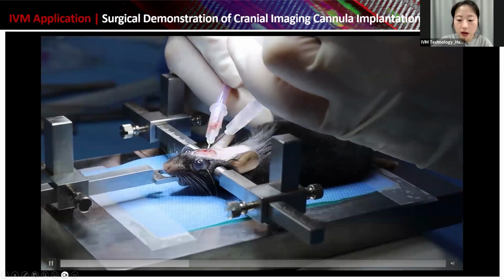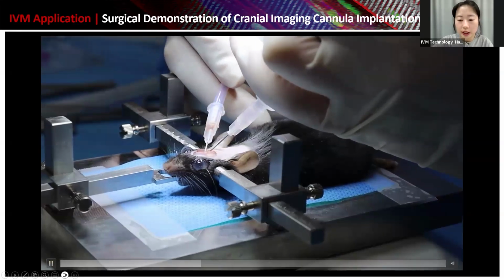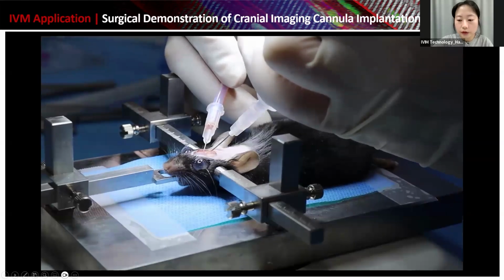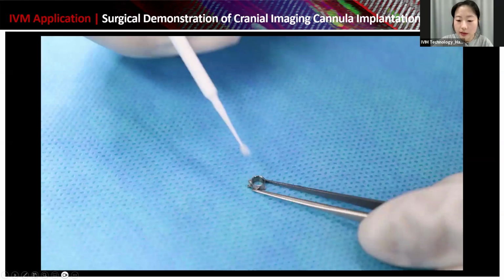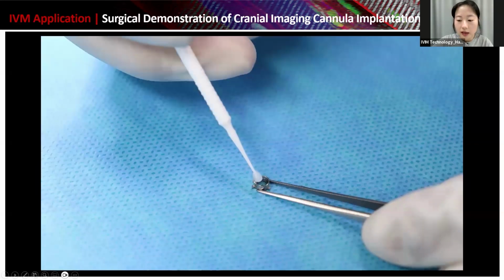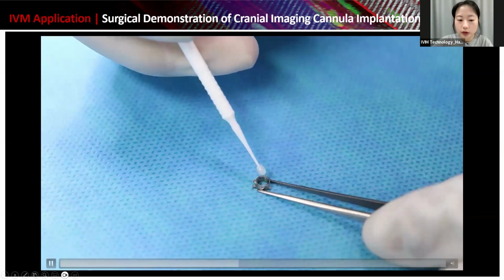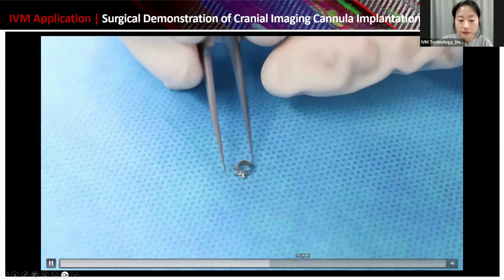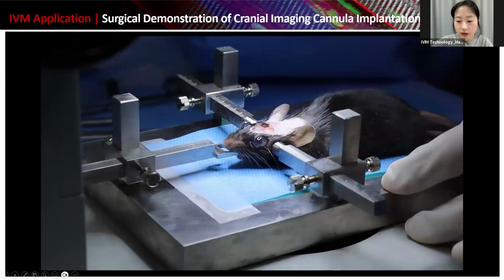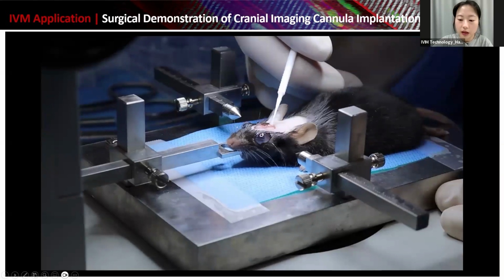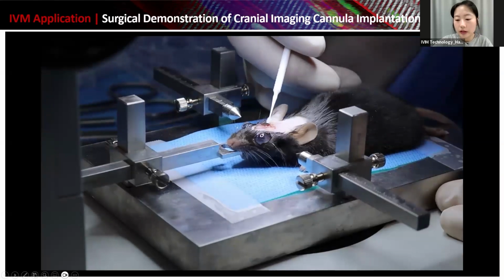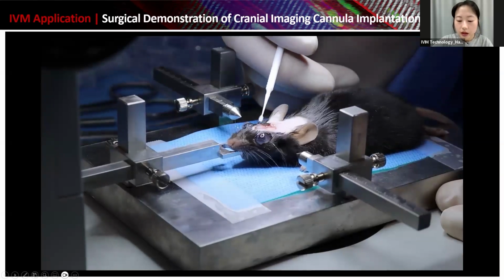Next, the cortex overlying the hippocampus is carefully aspirated to physically expose the target region, and a cylindrical cannula with a glass cover slip attached at its tip is then inserted into the cavity. Then the cannula is secured in place using adhesive, completing the implantation procedure.